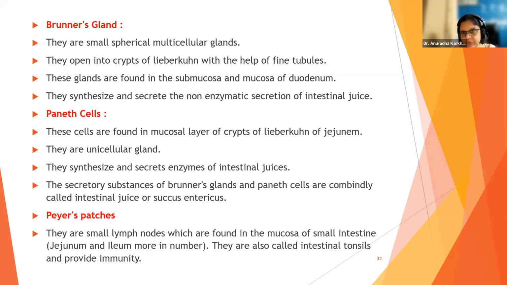Like our tonsils, we have tonsils which sometimes hurt, and there is a lot of pain in the throat. Whenever you visit a doctor, the first thing they tell you is what? Open your mouth, stick out your tongue and say aah. They put a torch in and look.